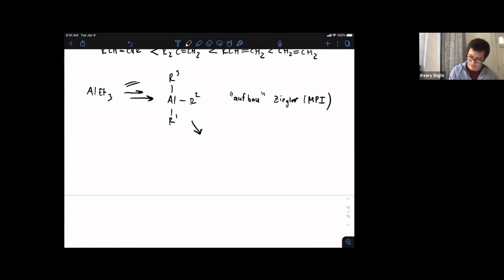And then these now growing alkyl chains on the aluminum can be reacted sequentially with O2 and alcohol. And this leads to long chain primary alcohols. And these ultimately are used in the production of surfactants. I think that's an interesting early application of organoaluminum with obviously huge impact in the industrial sector.